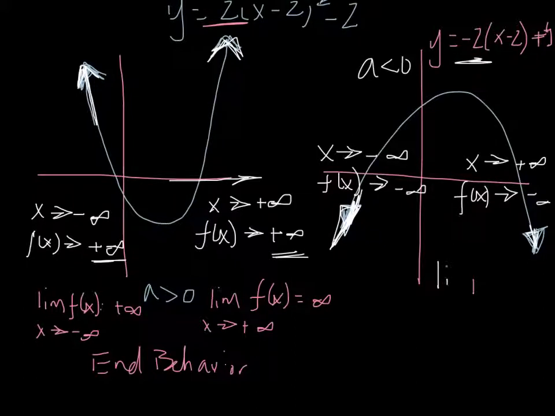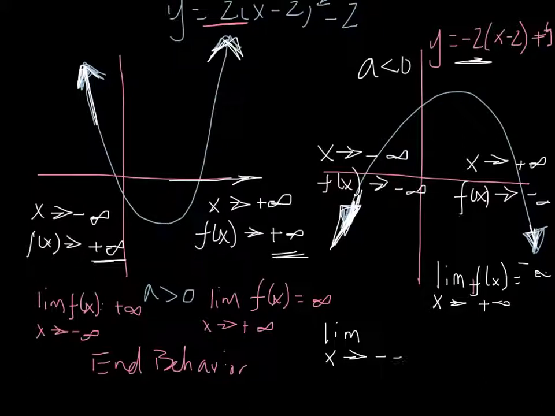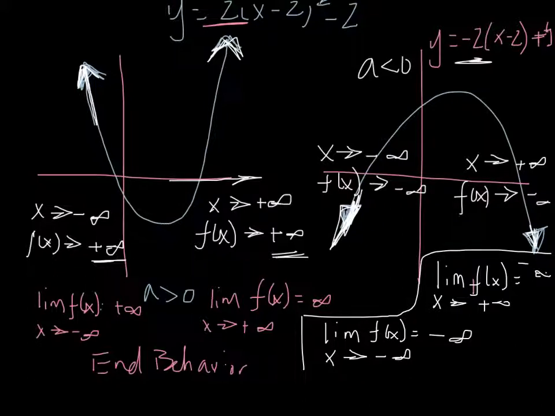The limit as x gets bigger, my f of x is getting smaller, going to negative infinity. And on the left side, the limit as x approaches negative infinity, f of x is getting smaller also, negative infinity. So this is how you do the end behavior if a is negative. This is a negative infinity, guys.